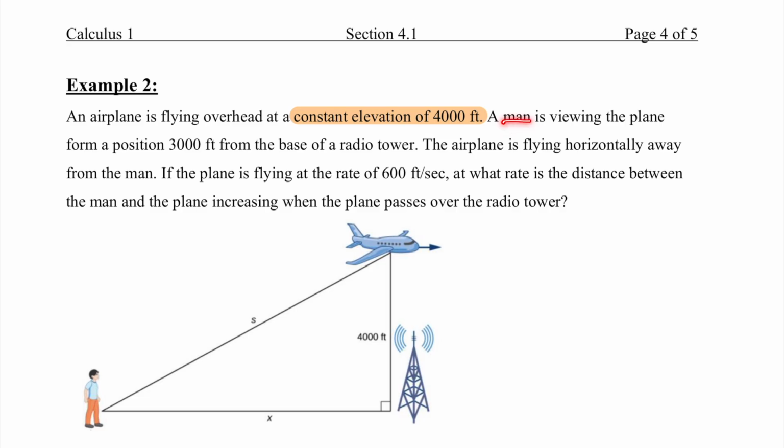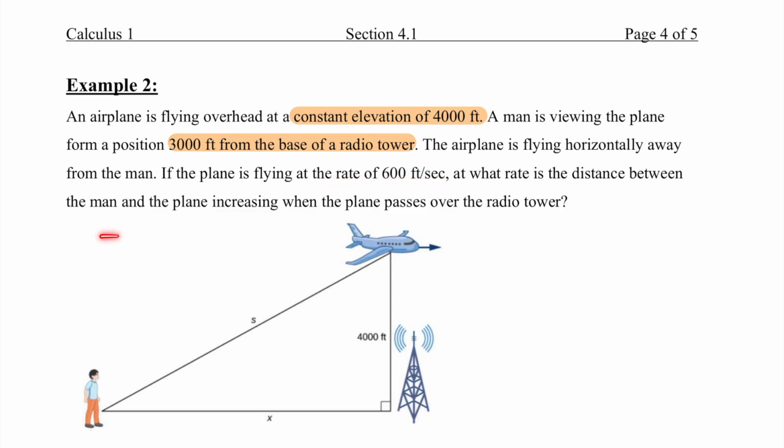A man is standing 3,000 feet away from the base of the tower. So this is the man, this is the tower. The distance from the man to the tower is 3,000 feet. The airplane is flying horizontally away from the man at the rate of 600 feet per second.